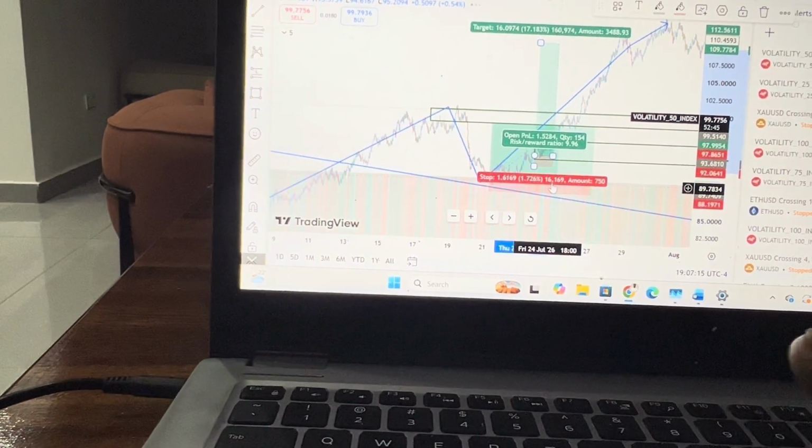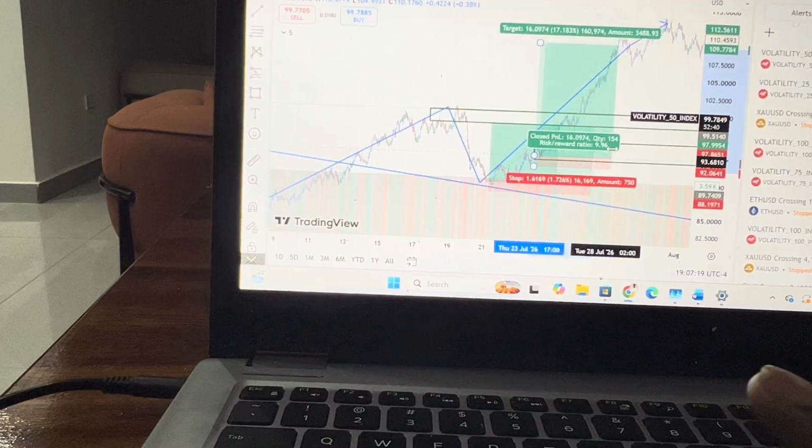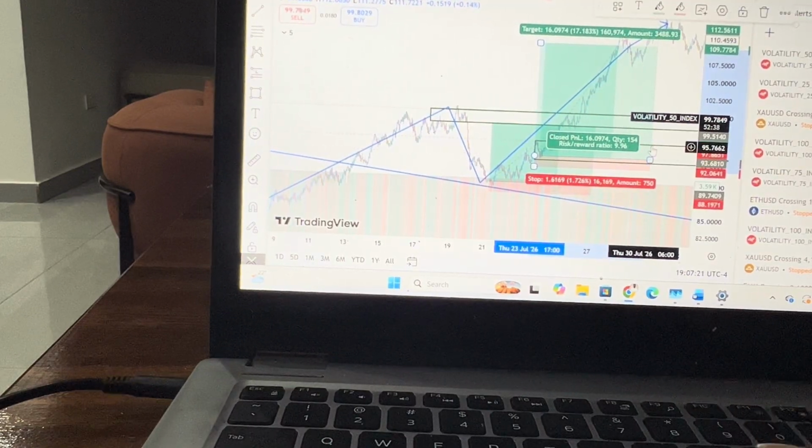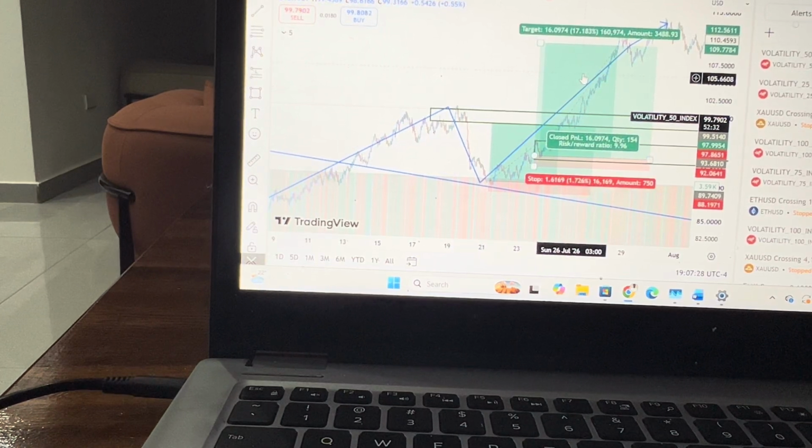Can you see it? Look, this is 1 to 10, guys. This is 1 to 10.